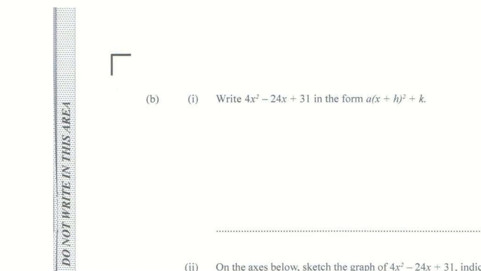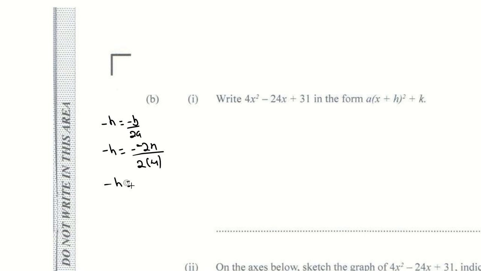So, sure, no problem. There are three ways that we can solve completing the square. All you need to know is negative h is minus b over 2a. So negative h would be minus negative 24 over 2 by 4.